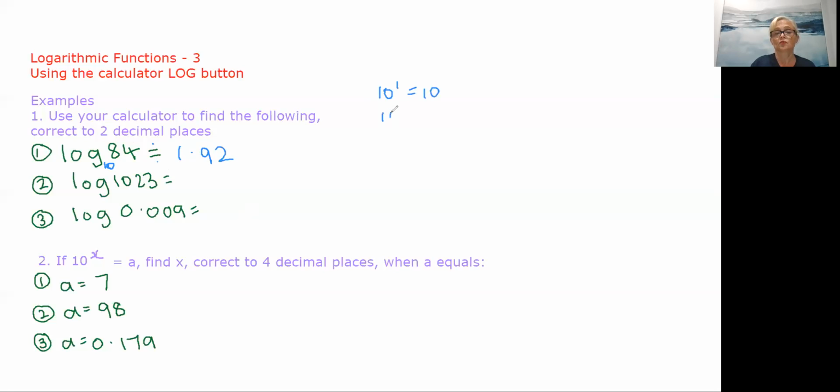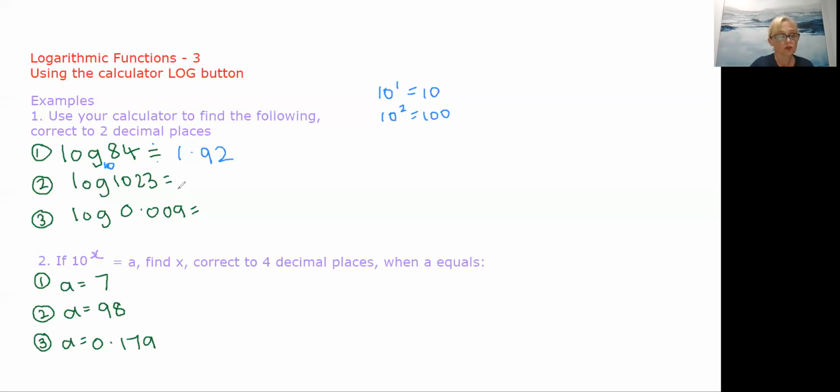We know that 10 squared is 100. 84 is between 10 and 100, and it's closer to 100 than it is to 10. So it makes sense that the index that we need is going to be between 1 and 2. So yes, that is a perfectly feasible answer. Always a good idea to check, just in case you've accidentally hit the wrong button on your calculator.